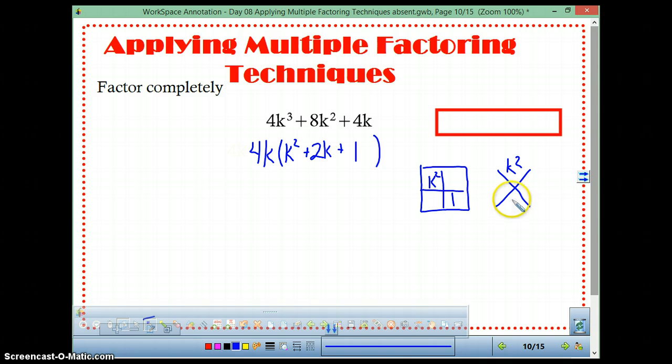I put in the basement 2k. 2 numbers that multiply to 1 and add to 2. That's just going to be 1k and 1k. Oh, now I realize maybe I had a perfect square trinomial. I do. K plus 1 squared. So this was 4k times k plus 1 times k plus 1, or I could just write it as this.